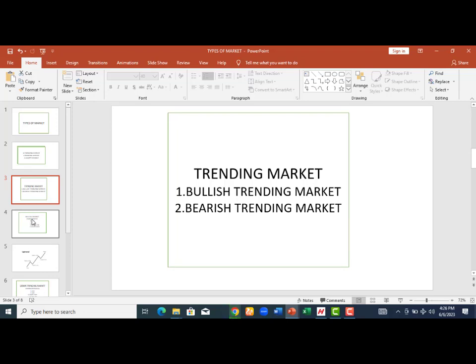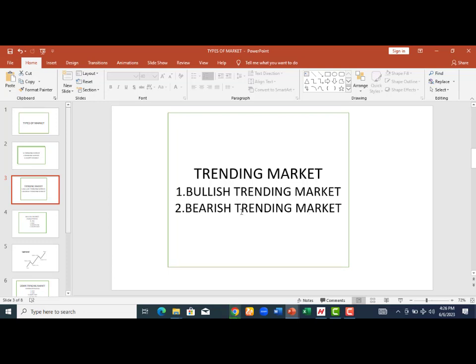So one of the ways for you to be profitable in this forex market is to always trade in favor of the trend. What does that mean? If the trend is bullish, you go bullish. If the trend is bearish, you go bearish. If the market is uptrending, you either call it the bullish trending market or the uptrending market.